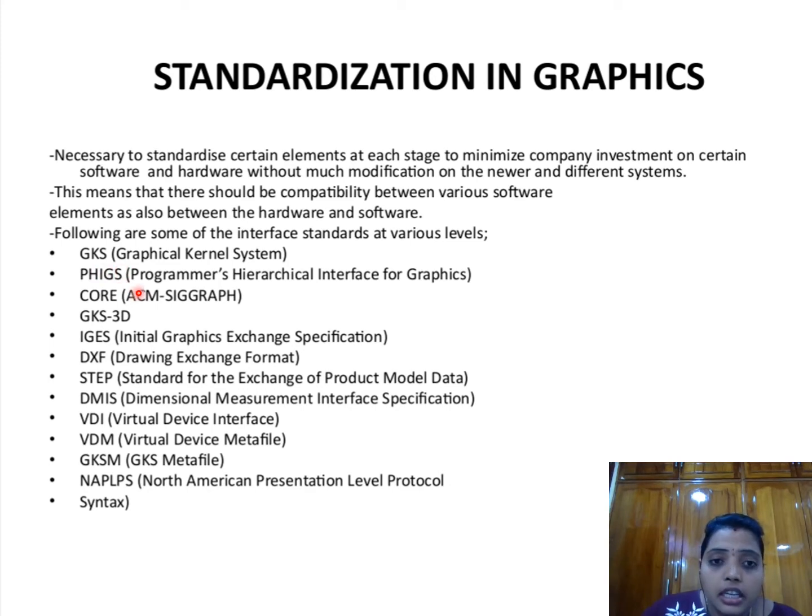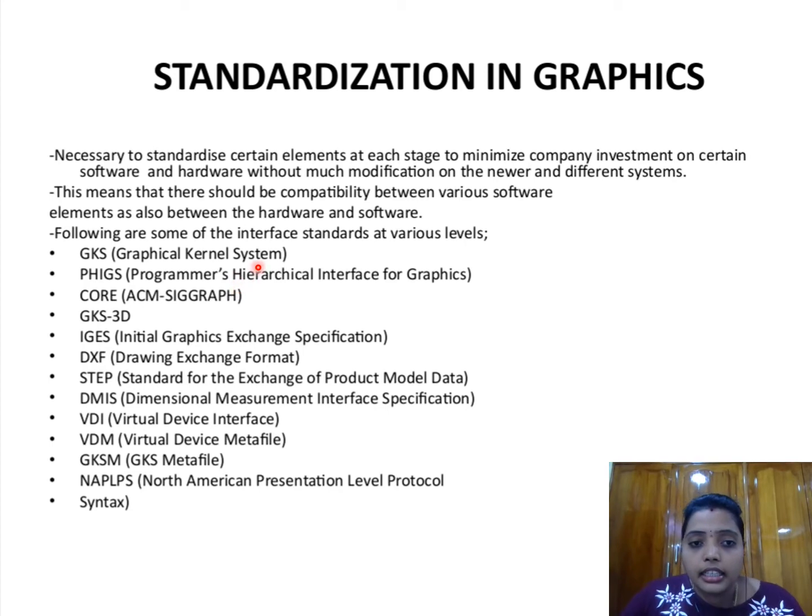GKS means Graphical Kernel System. This is one type of software. After that, PHIGS means Programmer's Hierarchical Interface for Graphics. Next one is the Core. Next one is GKS 3D, the Graphical Kernel System in 3D form.